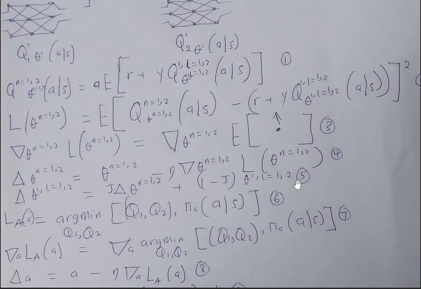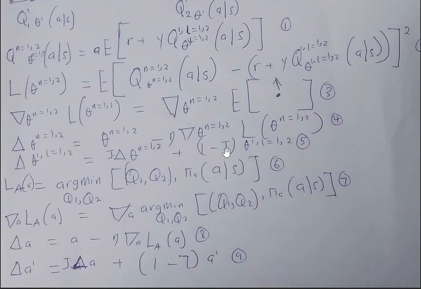Then let's go to equation 5. In equation 5, we can now update the target critic weight. This is the main critic weight, and the target critic weight is equivalent to this. You see this expression from here to here is the same as this one.